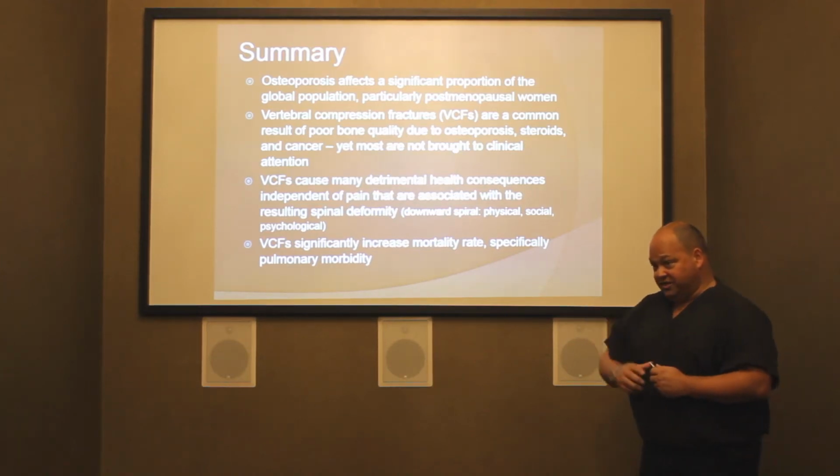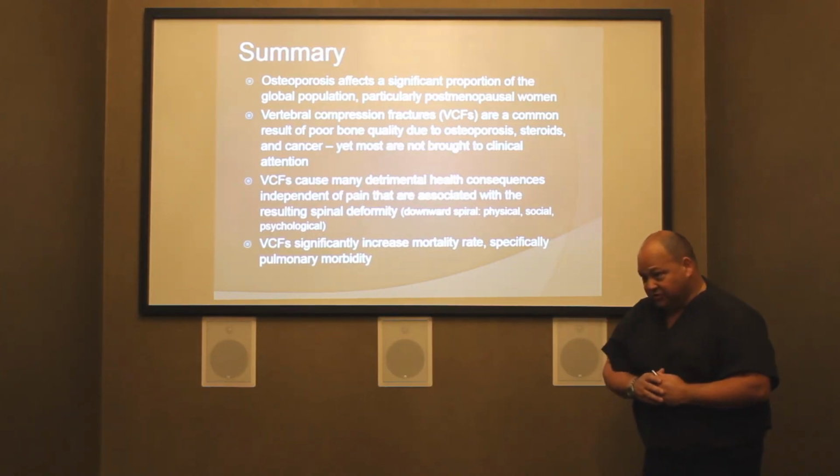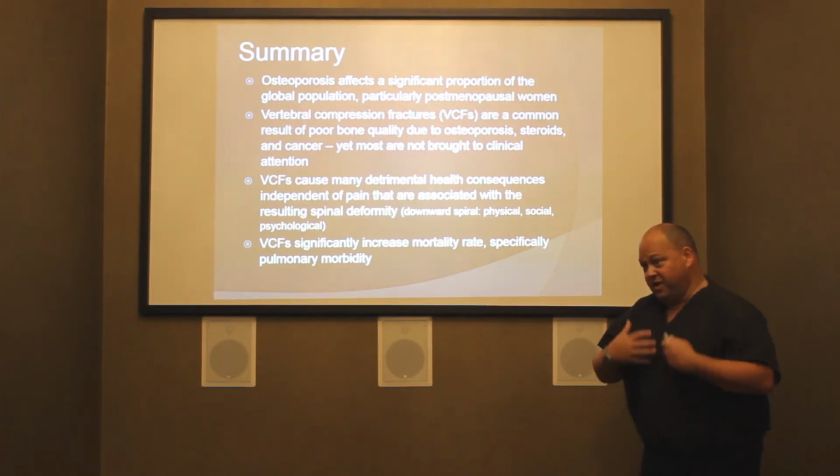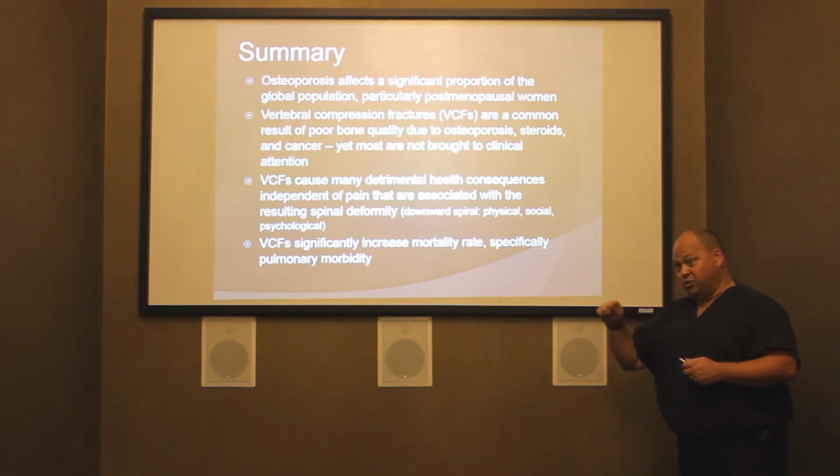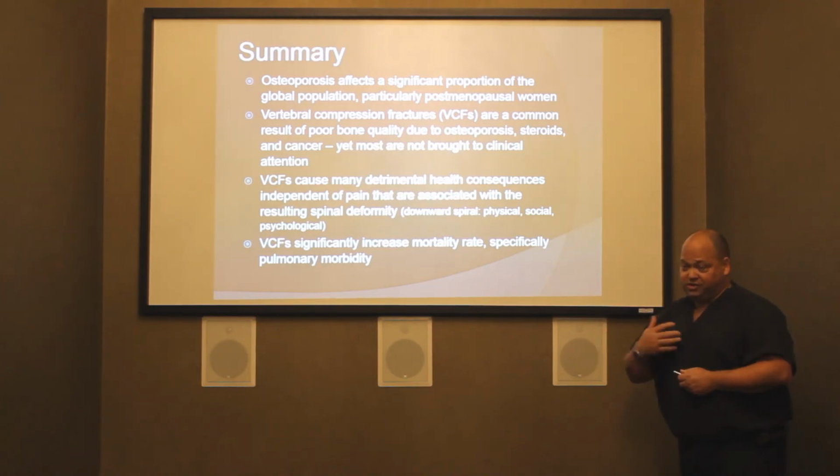As they compress down, you have increasing kyphosis. As you increase the kyphosis, your ability to expand your lungs decreases, and that FEV1, forced expiratory volume, is purportedly 10% per level, which is a ballpark number. And they measure that by doing, obviously, spirometry type exams on those patients.